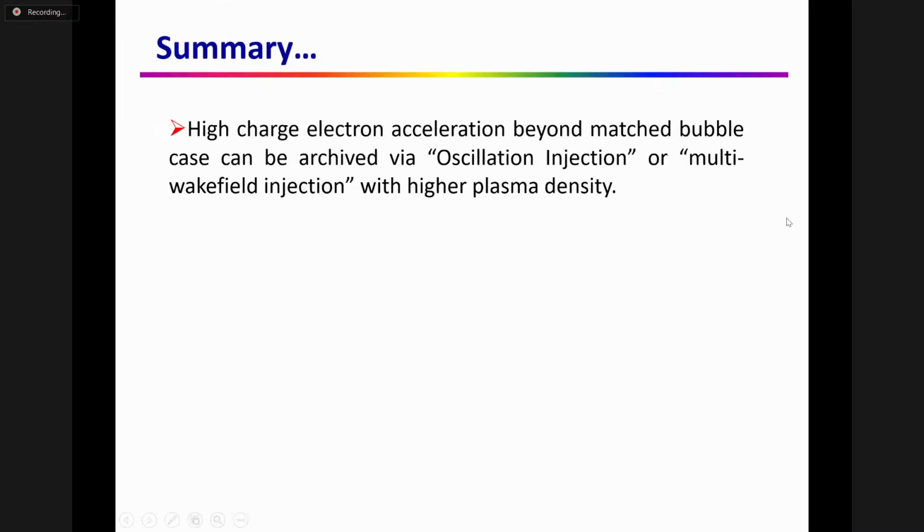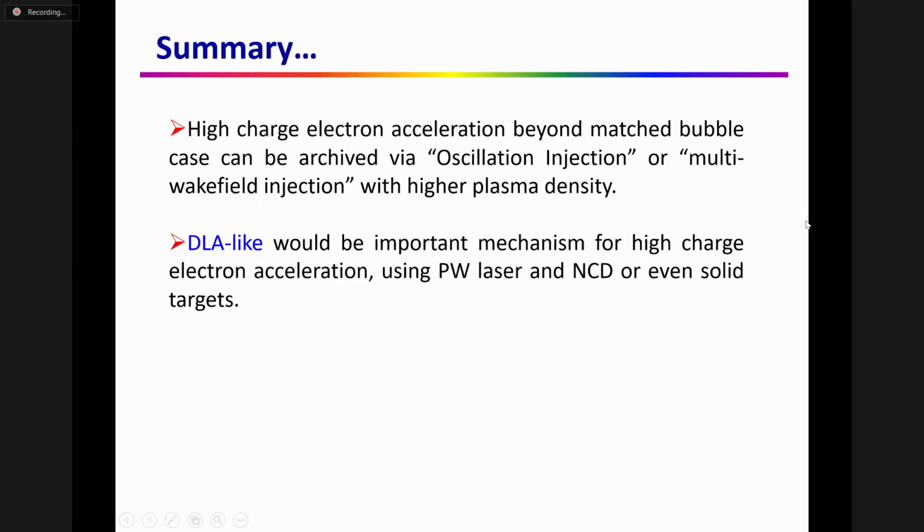Okay, let's go to a summary. High charge electron acceleration beyond the matched bubble case can be achieved through oscillation injection or multi-wake field injection with higher plasma density. DLA-like acceleration would be the important mechanism for high charge electron acceleration when we use a petawatt laser, the NCD, or even a solid target.